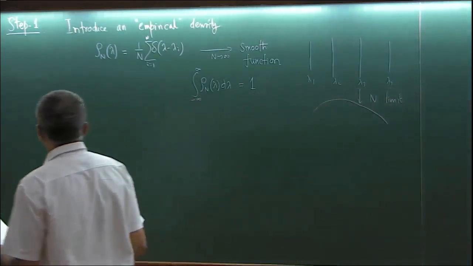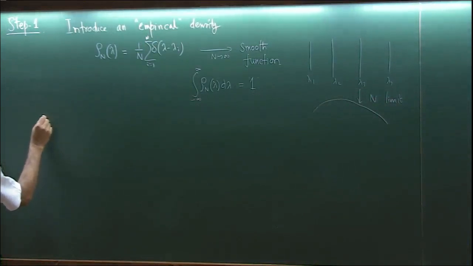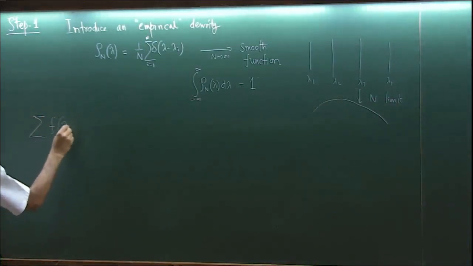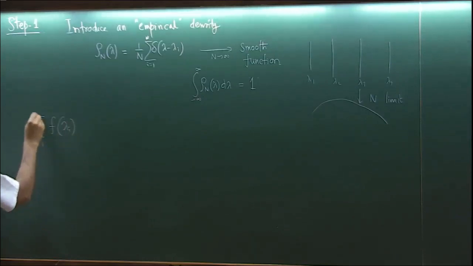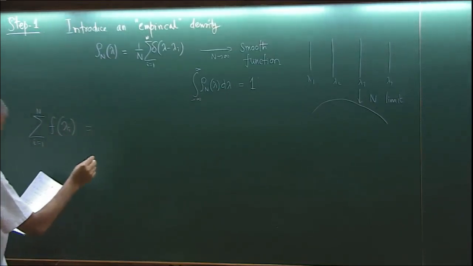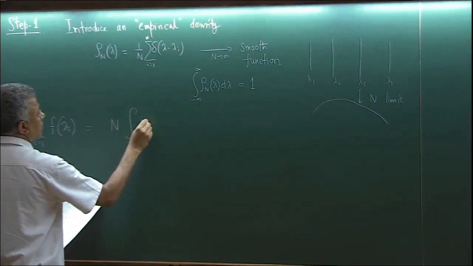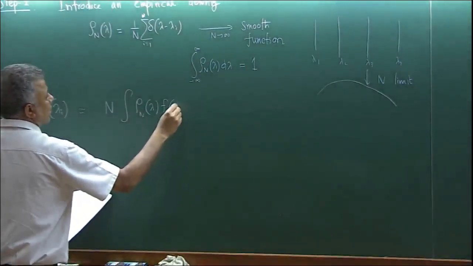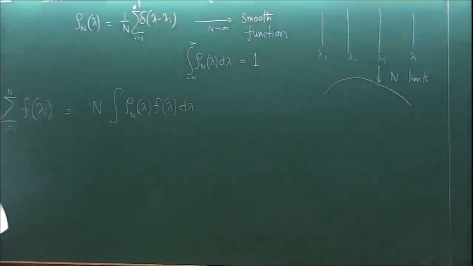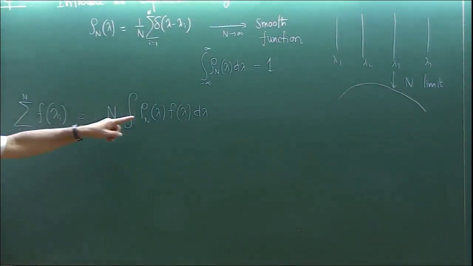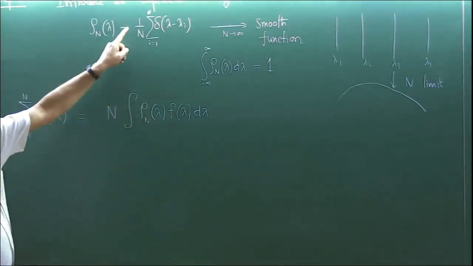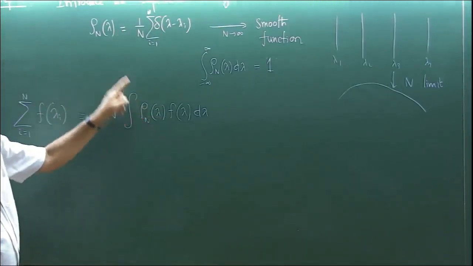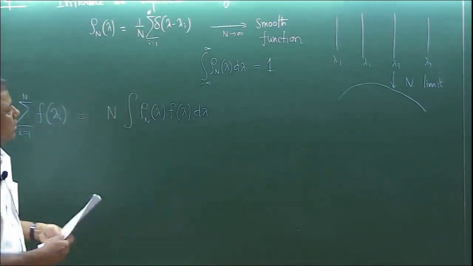So the next point is important, which is that if I take any function and I do this sum, this is exactly n times the integral. Can you see that? Because you just use the definition. n times rho n lambda is a sum over delta functions.